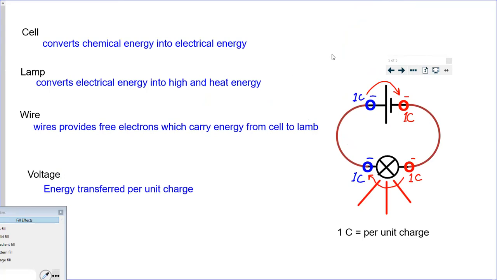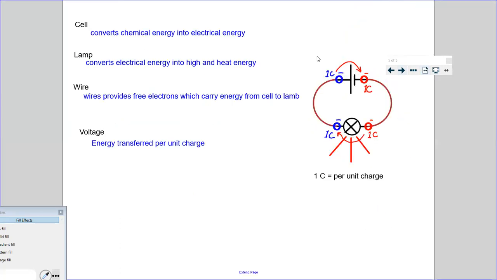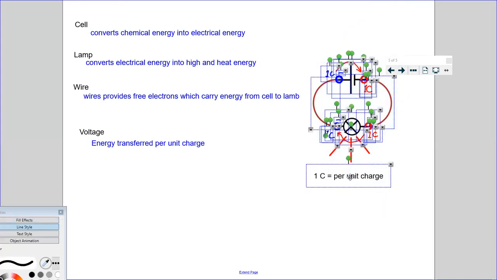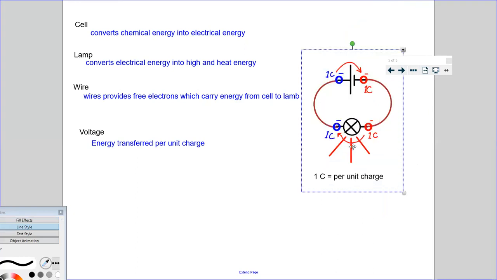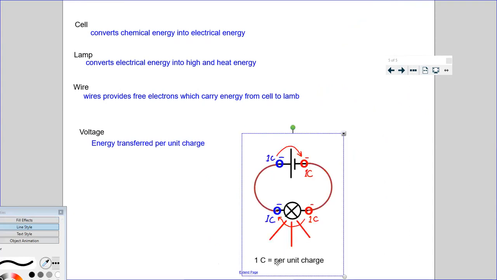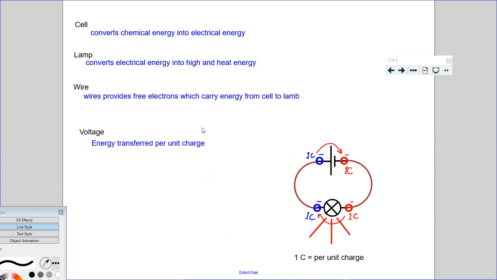Okay. I need this figure. I just move that figure down. Like we have mentioned, we have clearly shown that it's happening at 2 points. So, can you explain what's the difference in the energy transfer per unit charge which is taking place at the cell, and the energy transferred taking place at the lamp?